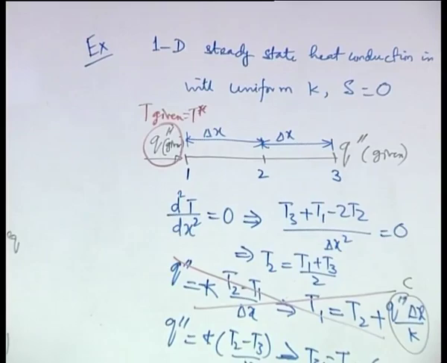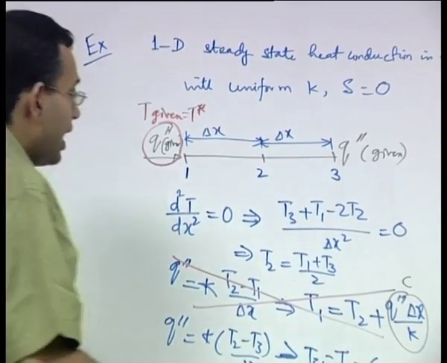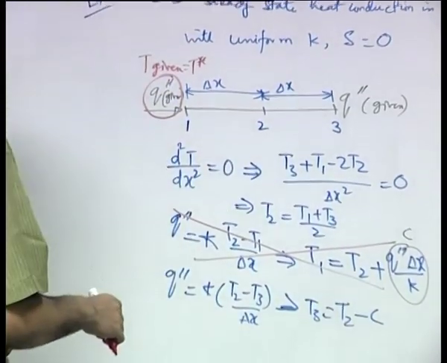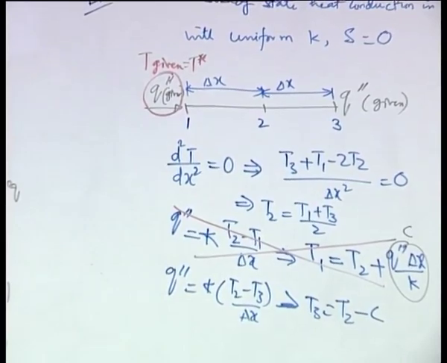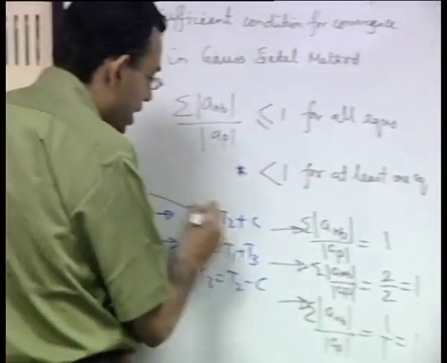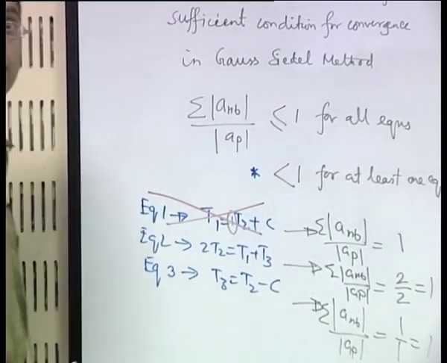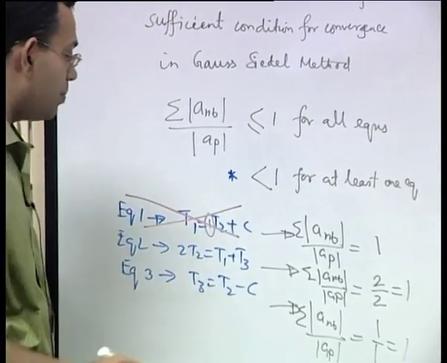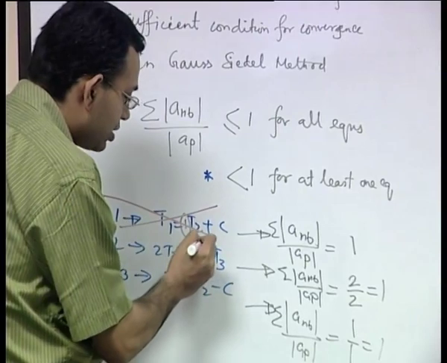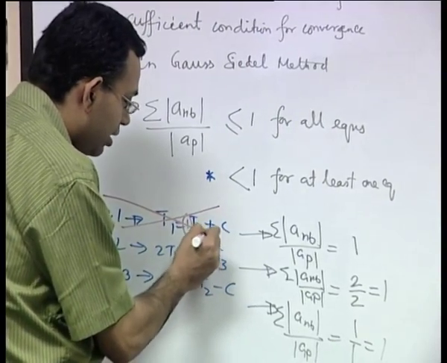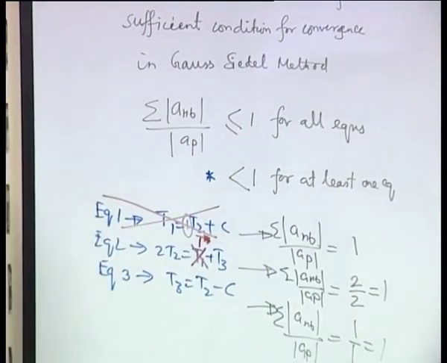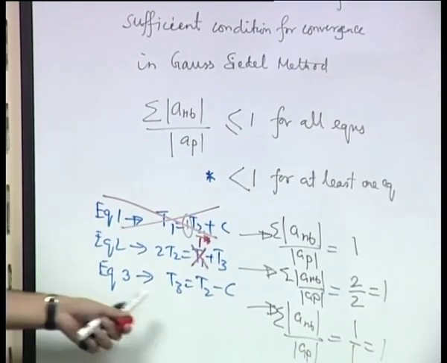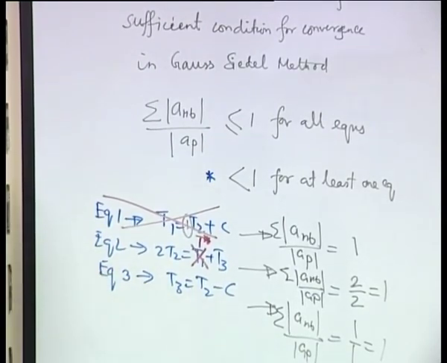For grid point 2 now you can write, so equation 1 is not pertinent. For grid point 2 you have 2 T2 equal to T1 plus T3, but T1 is not a variable anymore, it is now T star which is known. And for equation 3 whatever it is, it remains.